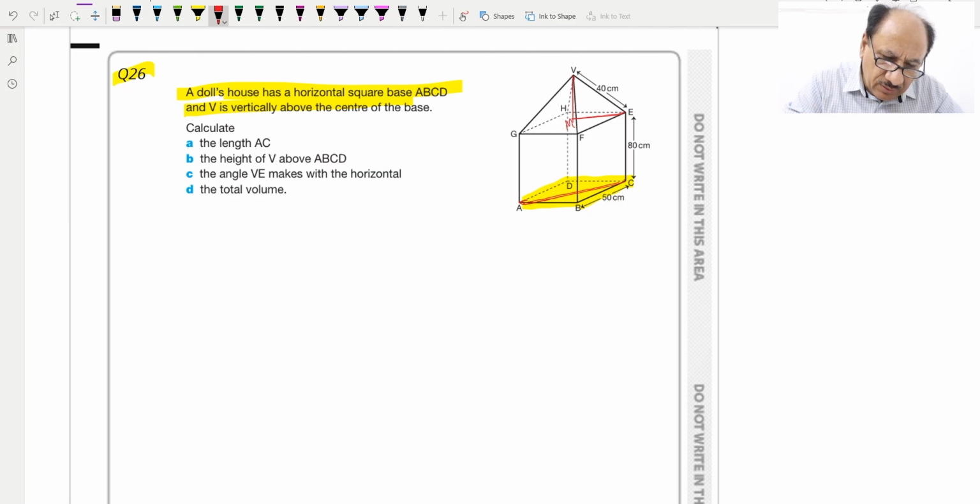To find the diagonal, we can take triangle ABC. So they are asking to calculate the length of AC.